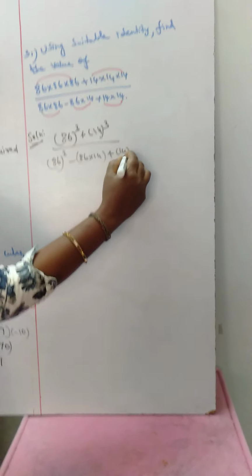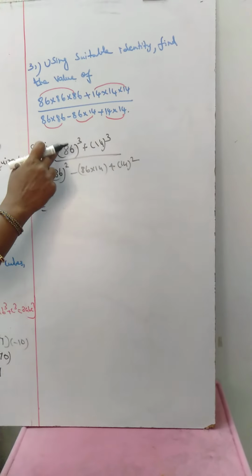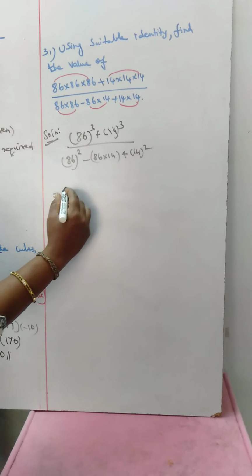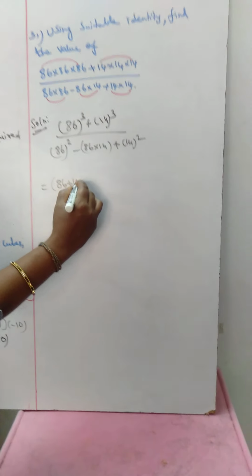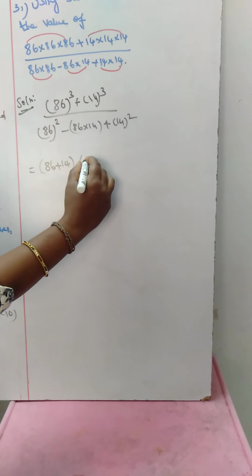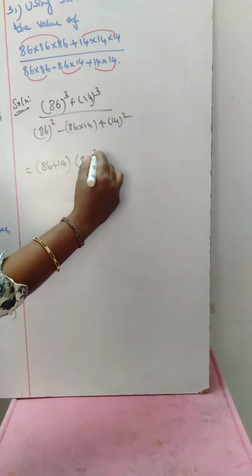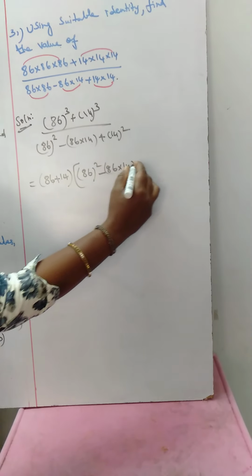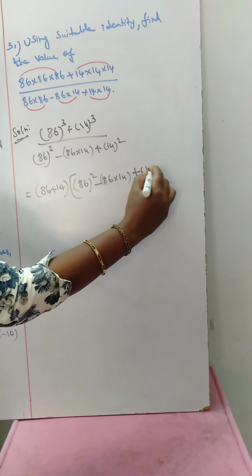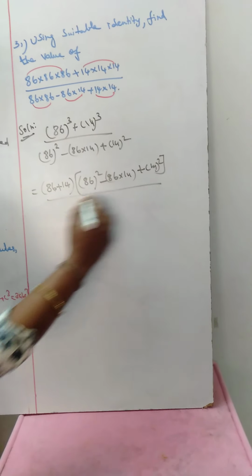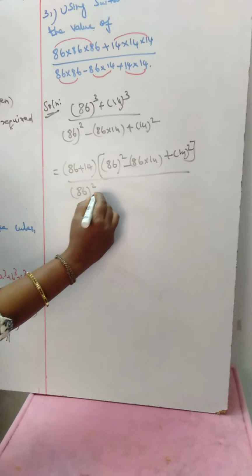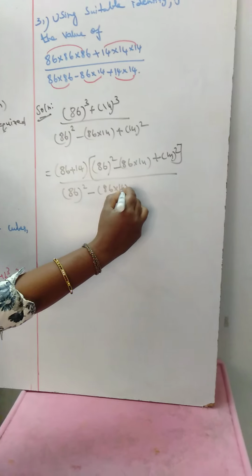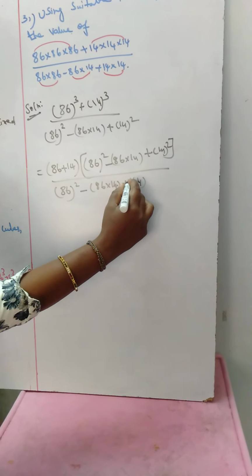plus 14 square. So we know that this 86 cube is in the form a cube plus b cube. So a cube plus b cube is a plus b into a square minus ab plus b square. The denominator part, what is given, we are writing that, 86 square, 86 into 14, then plus 14 square.